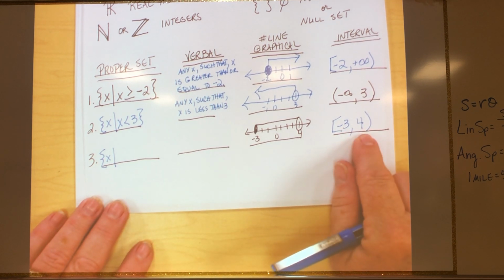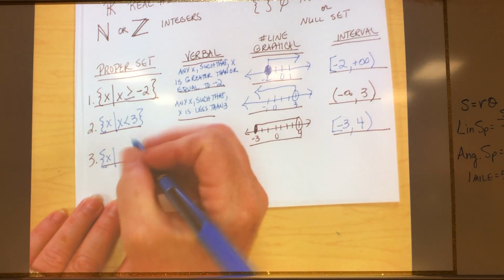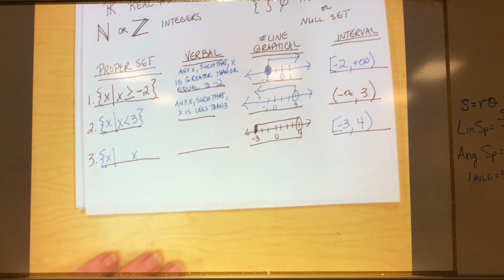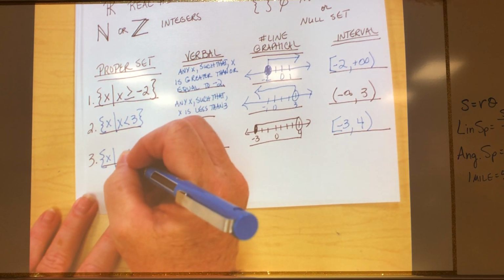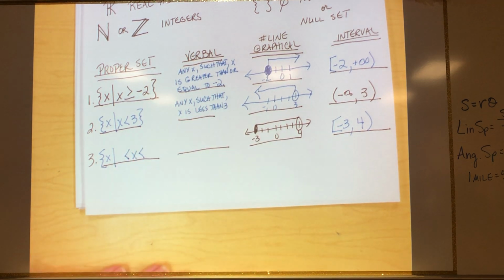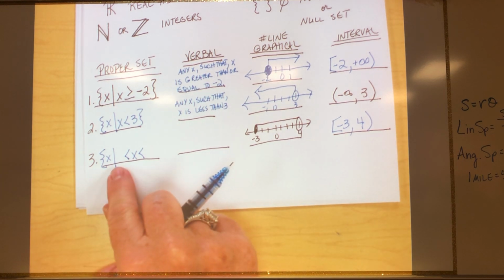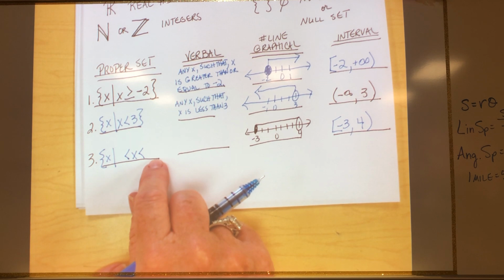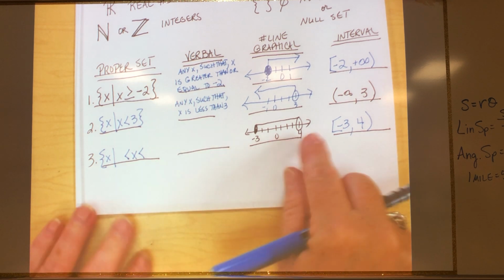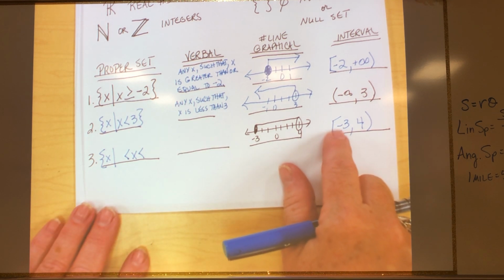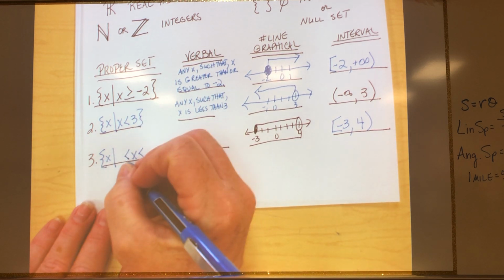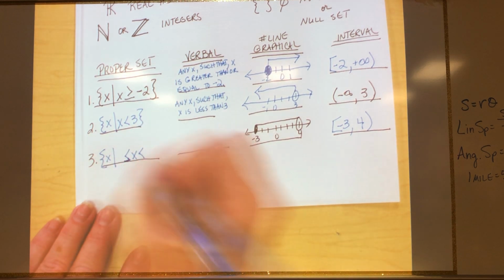So I'm going to put my x in the middle. I'm always going to point my arrows to the left. If you point your arrows to the left, the smallest number will go on the left and the biggest number will go on the right. Notice that this one is included, so I'm going to need a little line under this guy.